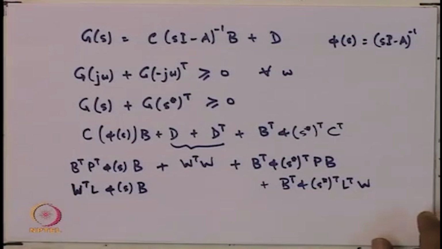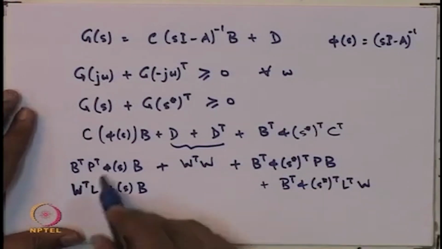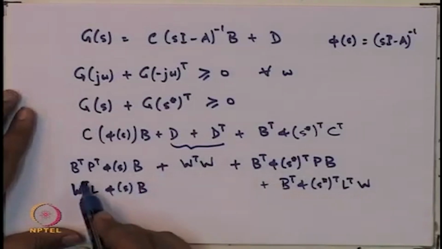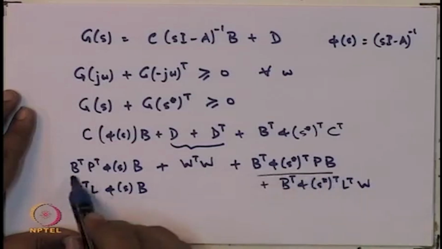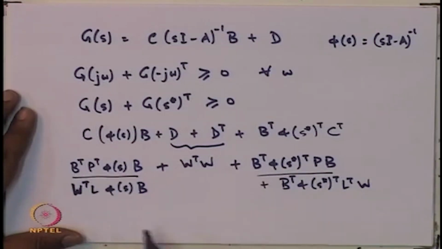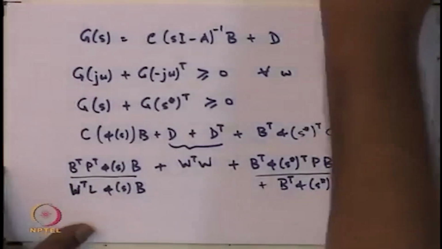Okay. So, I get these 5 terms. Now, out of these 5 terms, let me concentrate just on this one and this one. So, let the other 3 terms be as they are. I will just concentrate on these 2.